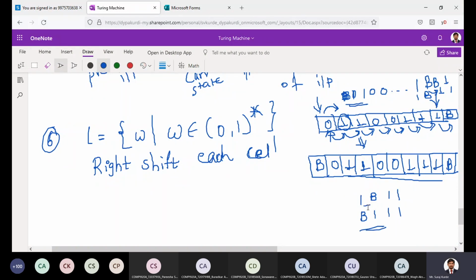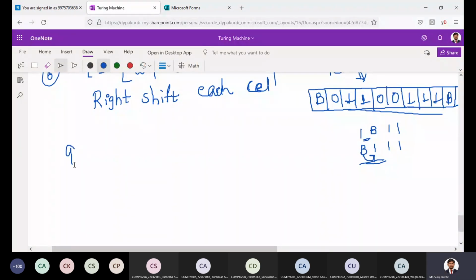This way, we can shift the rightmost symbol, which is to the left of blank, to the right cell by replacing blank with 0 or 1, depending on the current input, and replace the current cell with blank, so that the symbol is shifted to the right side. This way, we have to design a Turing machine which will shift symbols on the cell to the right side. The current cell value will be shifted to the right side cell.